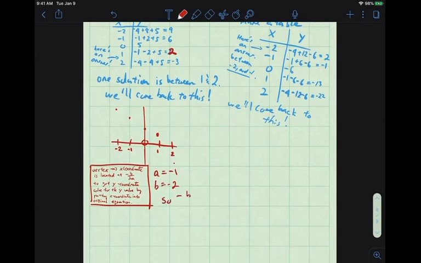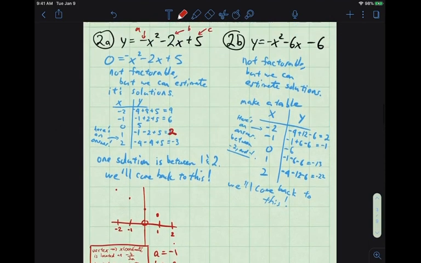So negative b over 2a becomes -2 over 2 times -1, equals 1.